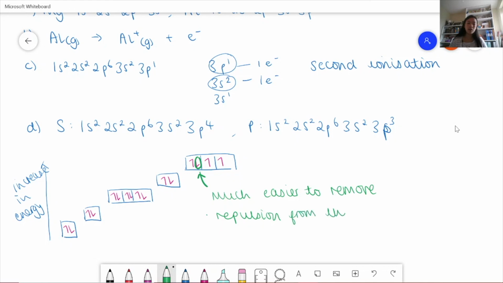Compared to in phosphorus, when we just had three of them separately in their own suborbitals, it's actually harder to lose one of those electrons compared to one of the ones in this suborbital box because of the repulsion between them. And so that's why the ionization energy of sulfur is smaller than that of phosphorus.